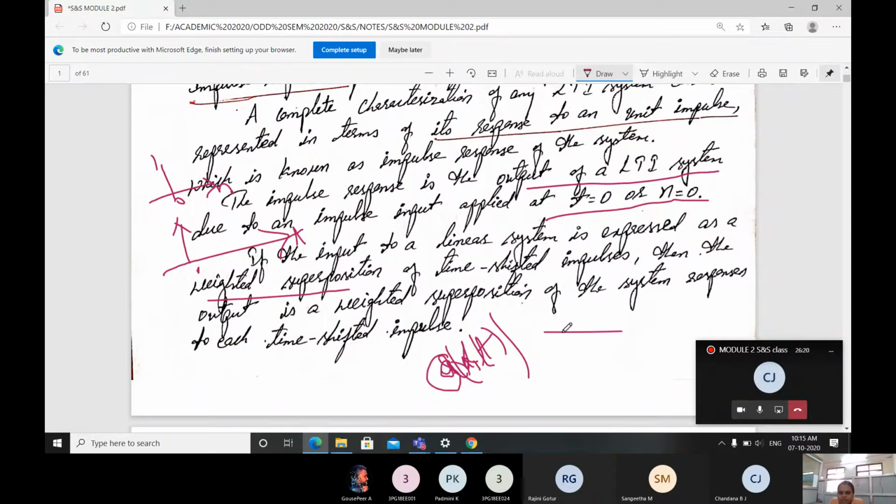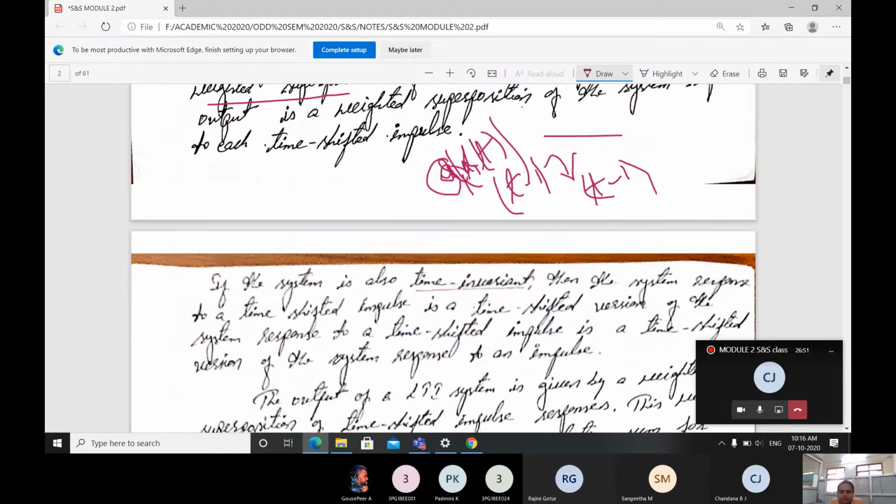Meaning, if I change the time to t minus 1 in the x of t signal, the output is also shifted by t minus 1. That's what the superposition theorem tells. Weighted, how much you multiply in terms of amplitude, and in terms of time what you change for the input, that same should be satisfied at the output also.